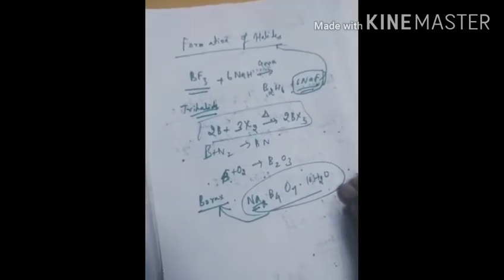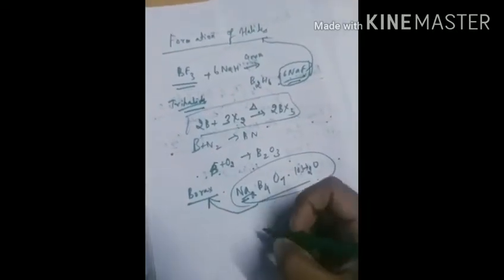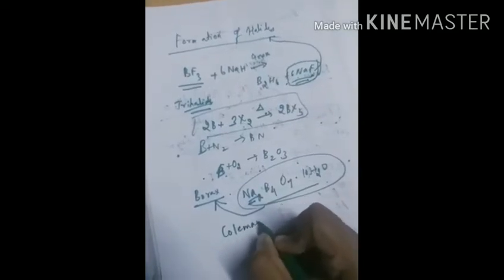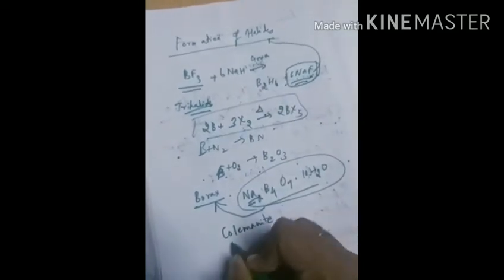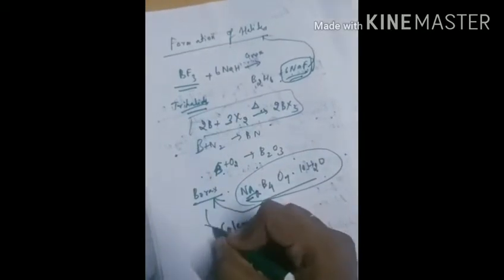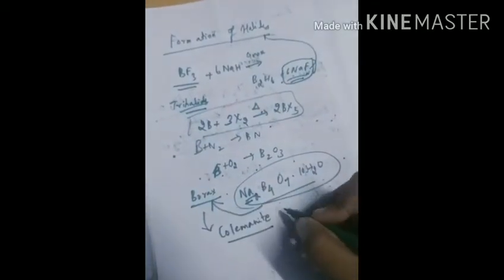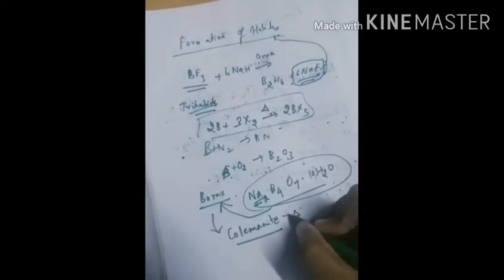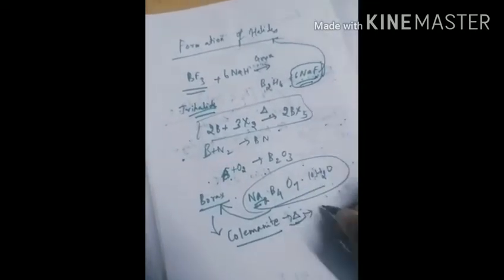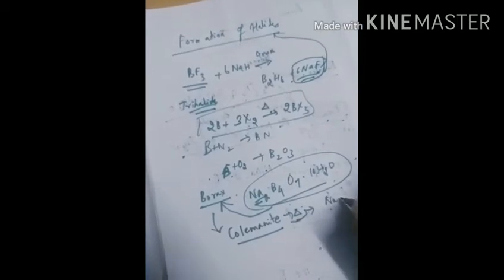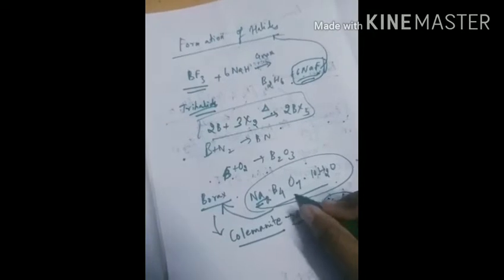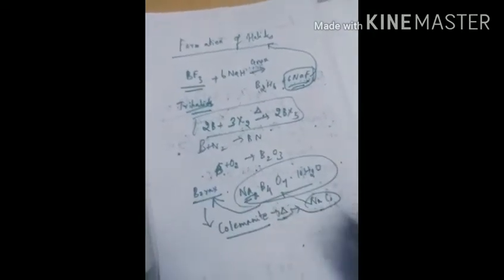So this is borax, and there is one ore called colemanite. Usually borax is extracted from colemanite. If you boil this colemanite, we will get sodium carbonate. If this sodium carbonate is further processed, we will get borax.